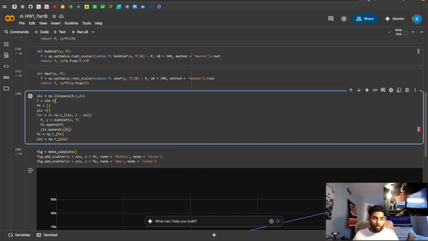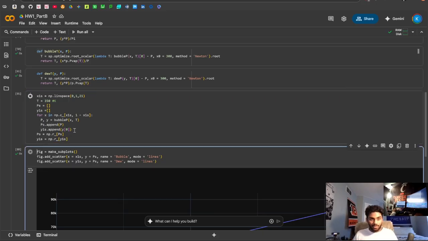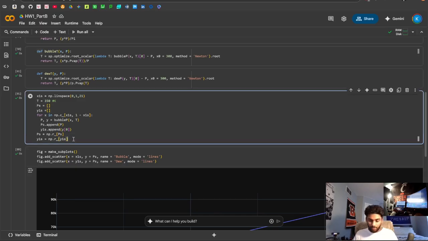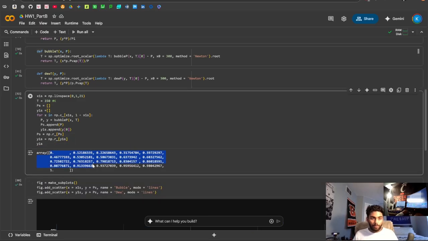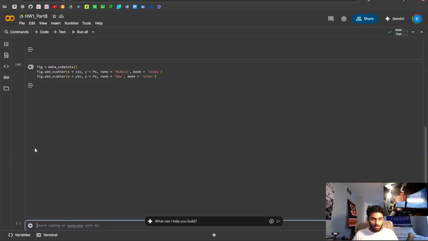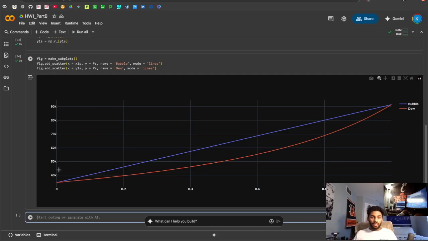That means that we're only looking at that first column of y1s. We're not worried about the y2s that happen in the second part of that array. So if we look at this now, this is just the list of the vapor phase mole fractions of benzene in our system. So now we have a nice curve for our dew point and a nice curve for our bubble point.